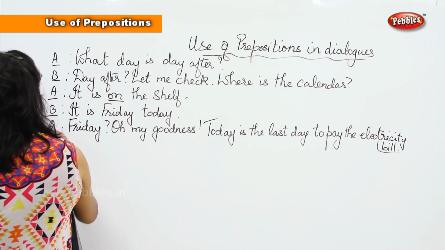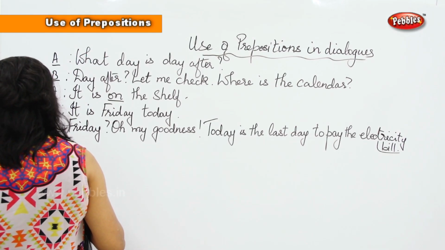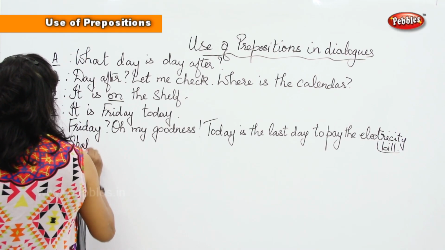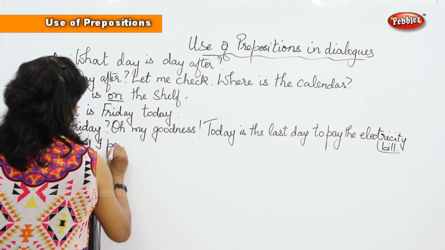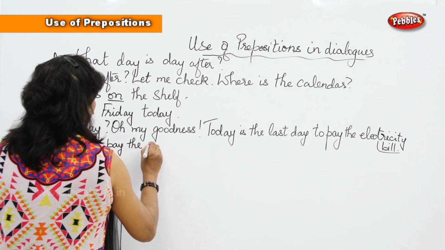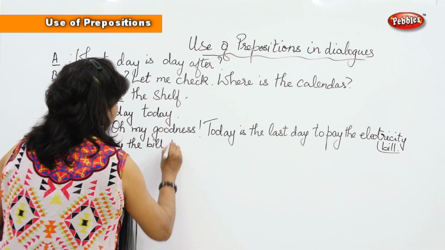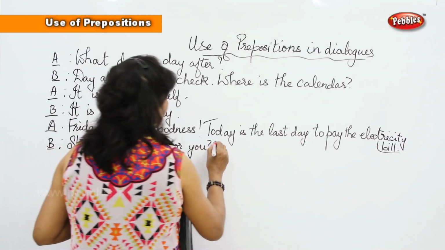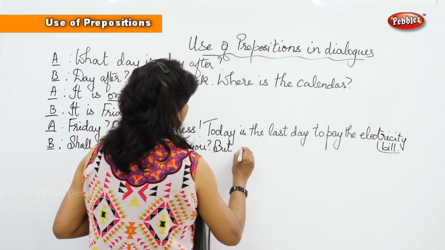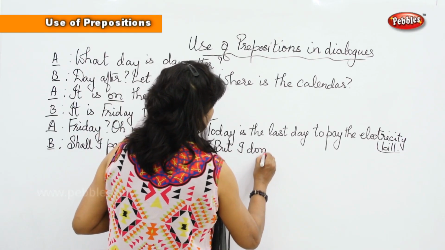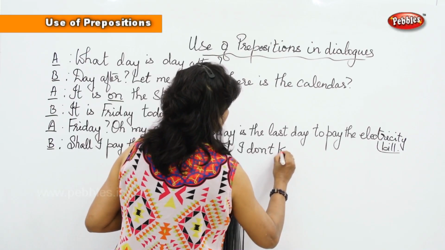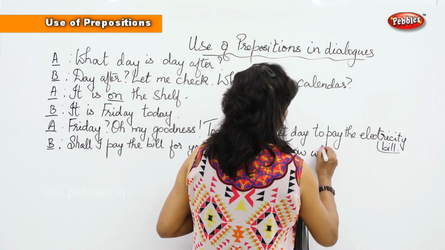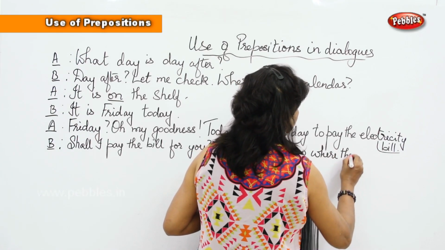B says, shall I pay the bill for you? But I don't know where the office is.